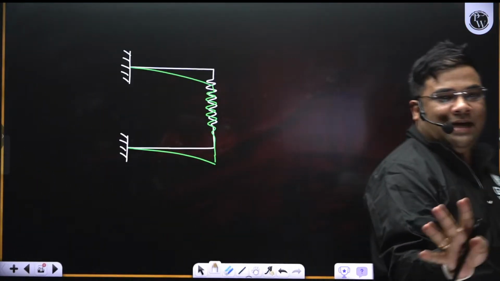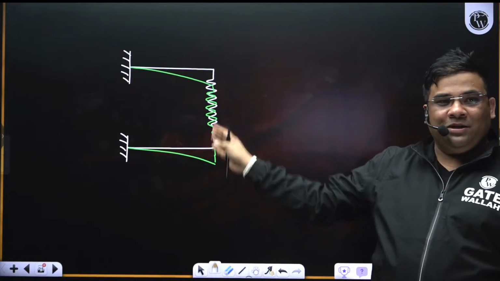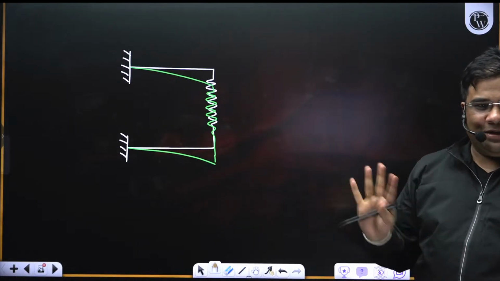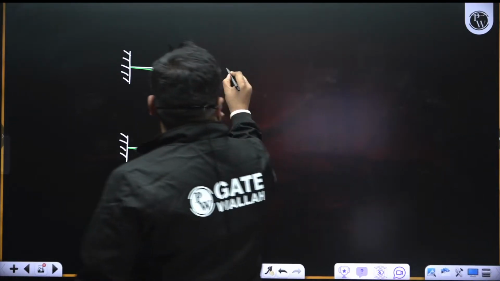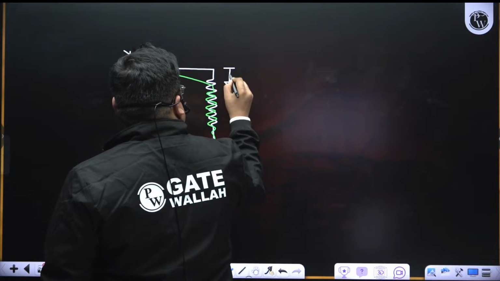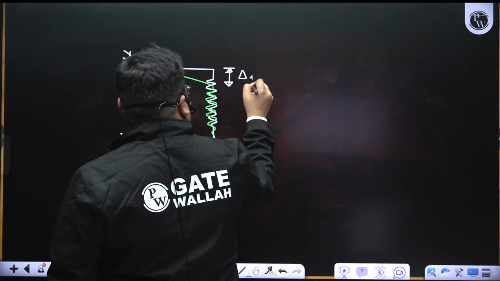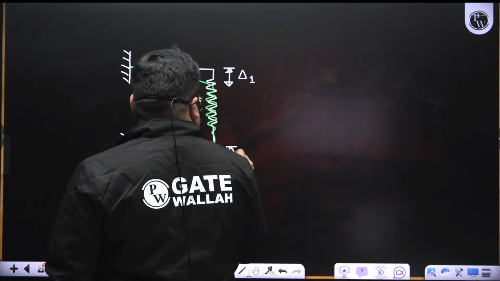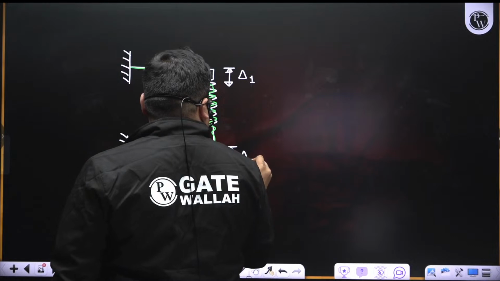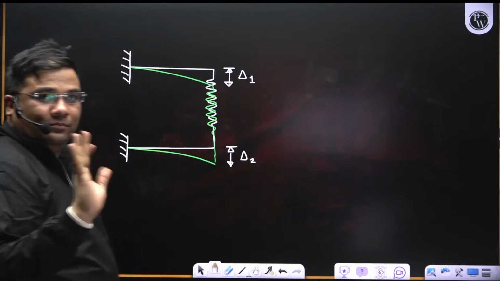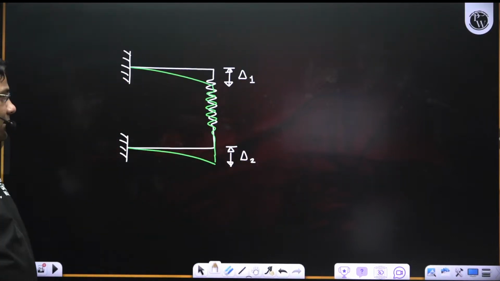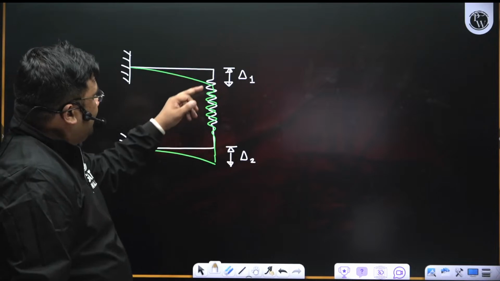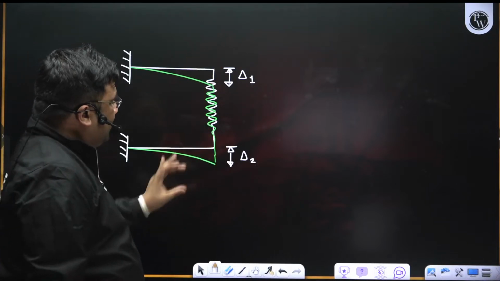Therefore there is some net deformation of the spring, and therefore spring force is coming into the picture. Suppose this deflection is delta 1 and this deflection is delta 2; they are not the same.